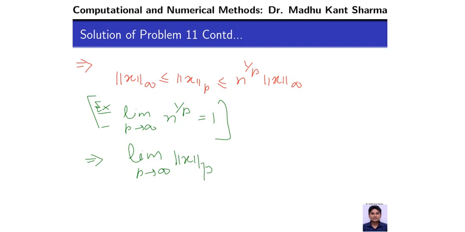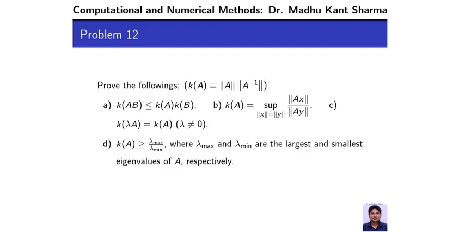So we are going to solve part b, that k of A is equal to the supremum over norm of x equal to norm of y of the set norm Ax by norm Ay.